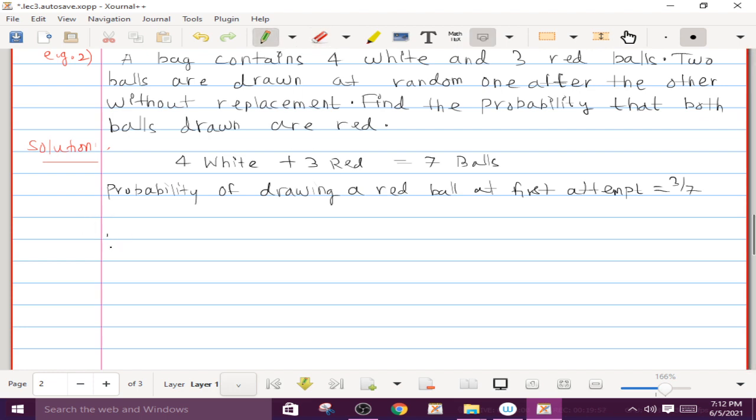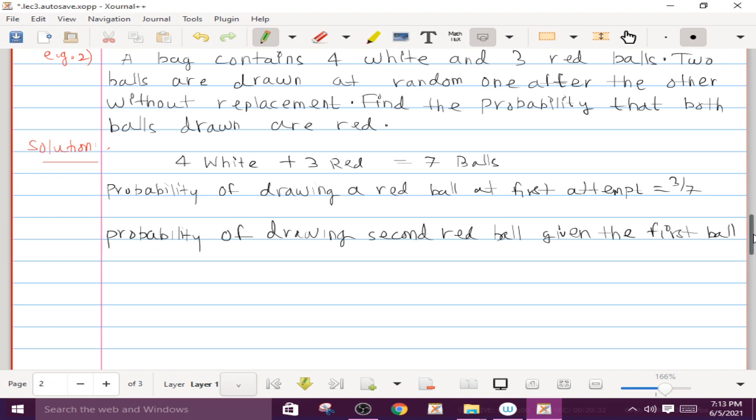So the probability of drawing second red ball given the first ball drawn is red.